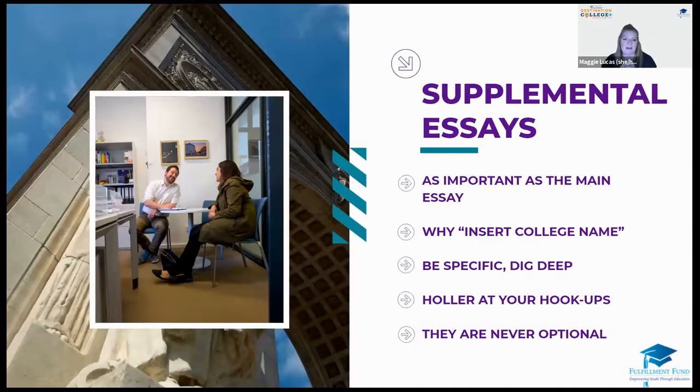Then we have the supplemental essays. I think supplemental essays sometimes can be brushed to the side because they're usually shorter than that personal statement, that main essay that you write. But truthfully, they are just as important as that essay. Typically, our supplemental essays are meant for us to get to know you even more. Some schools will have really fun supplemental essays.